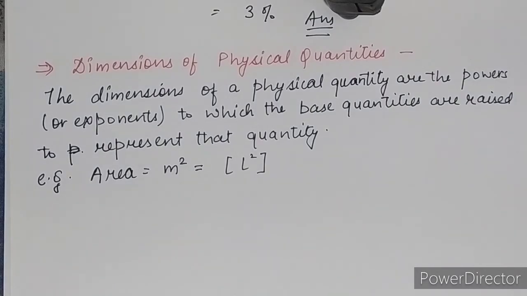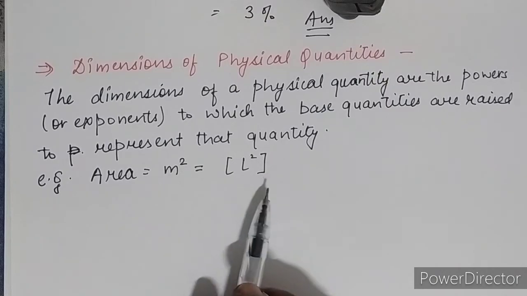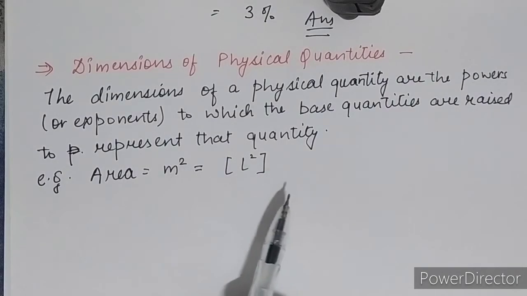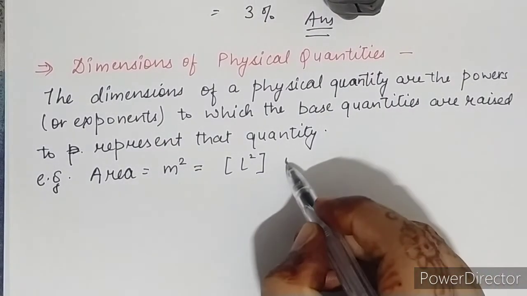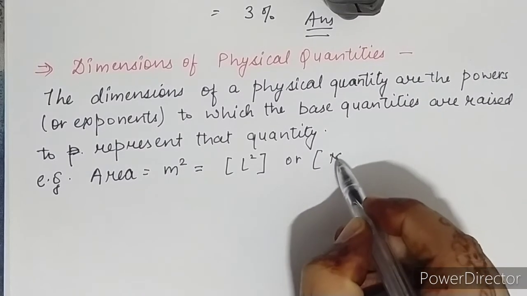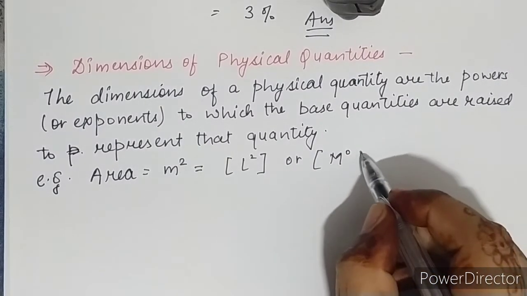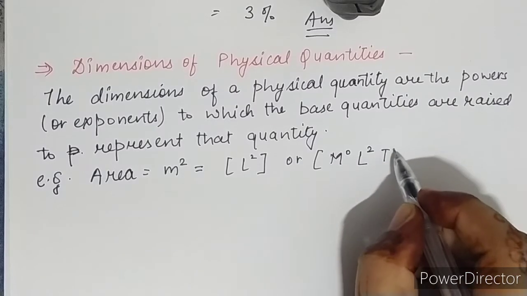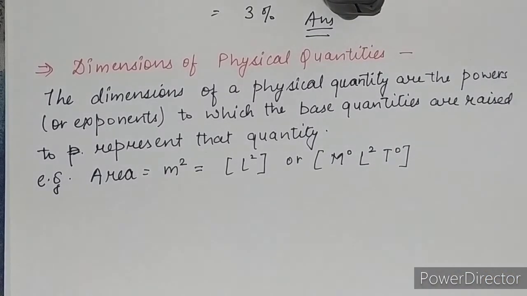Clear? So for this, the mass will be 0 and time is 0. This can also be written as mass power 0, length power 2, time power 0. Zero means these are not utilized.